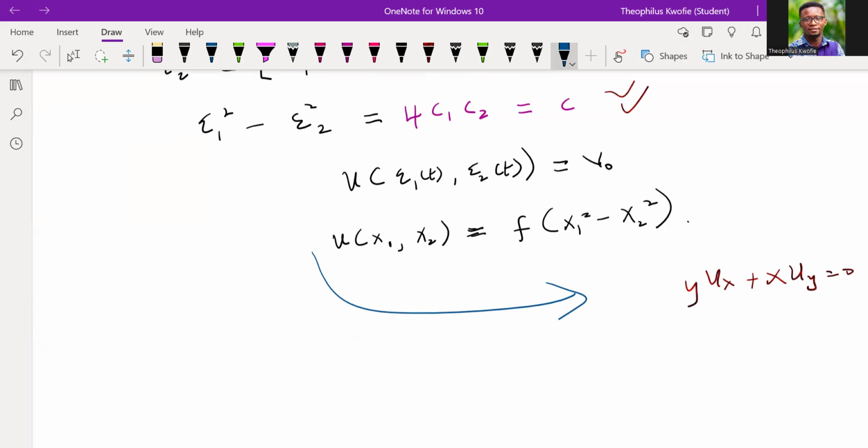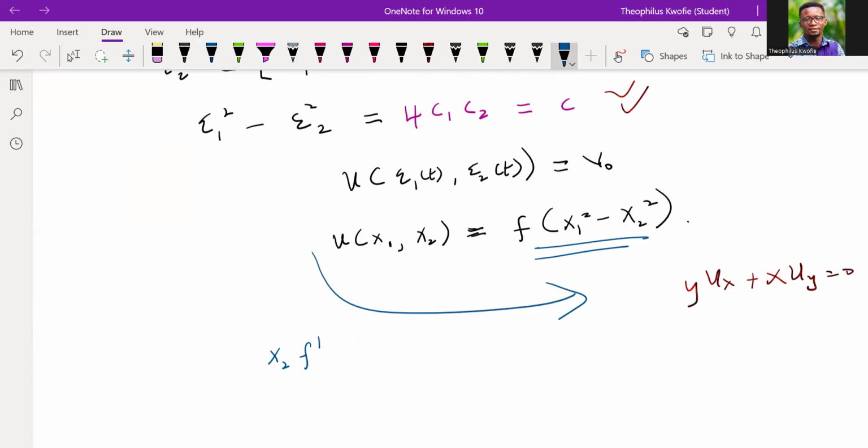So your y is your x2, and then we have to find the partial of u with respect to x, and that gives us what? To do this, we use the chain rule. We cover the input, which is x1 squared minus x2 squared. We cover that and differentiate f, and that gives us f prime.